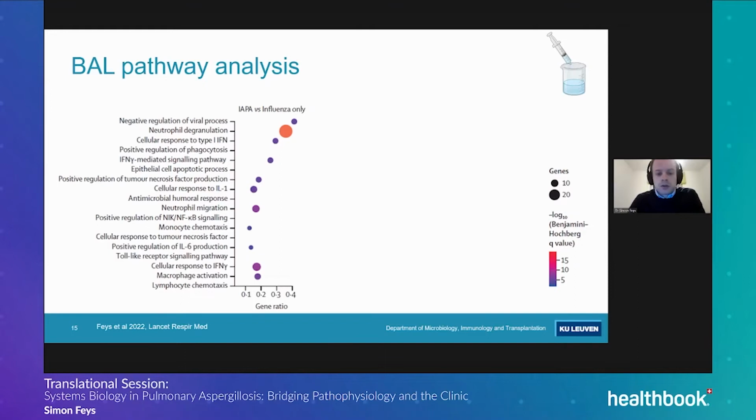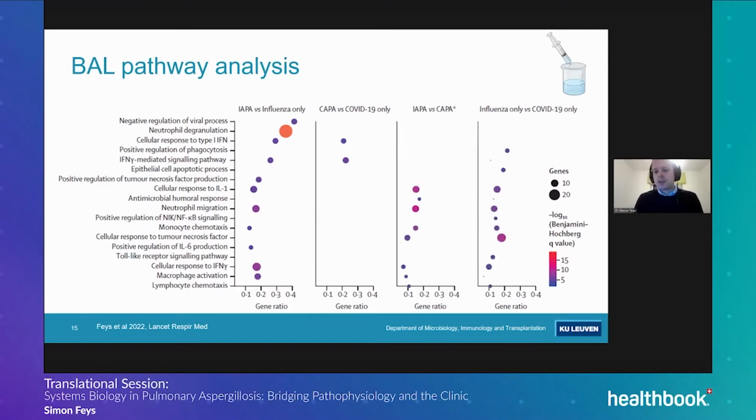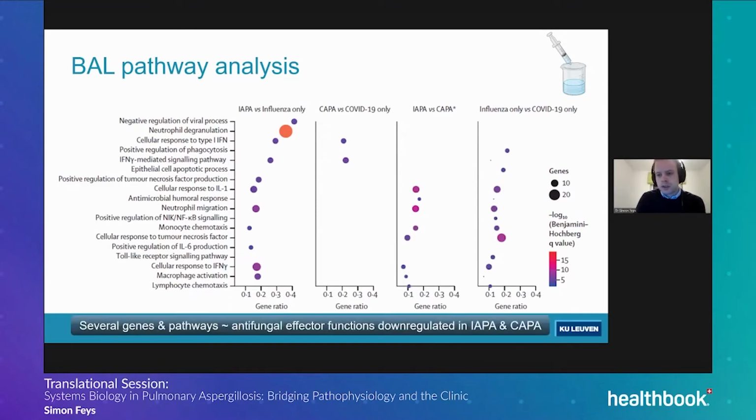We saw reduced cellular response to IL-1, and we also saw some effector pathways that were downregulated, such as neutrophil degranulation, monocyte chemotaxis, and neutrophil migration. For CAPA versus COVID-19 only, we only saw significant downregulation of type 1 and type 2 interferon signaling. As expected, for VAPA versus CAPA and influenza-only versus COVID-19 only, we saw a downregulation of pro-inflammatory pathways.